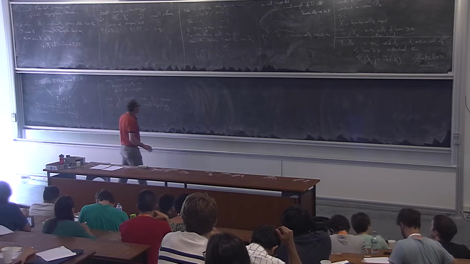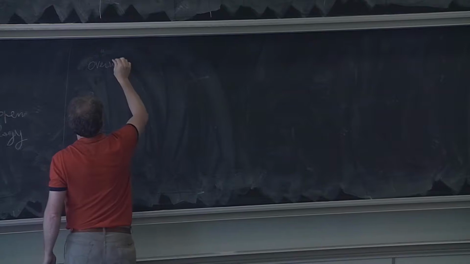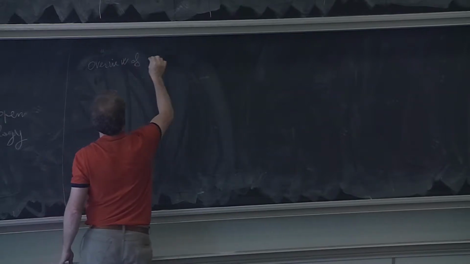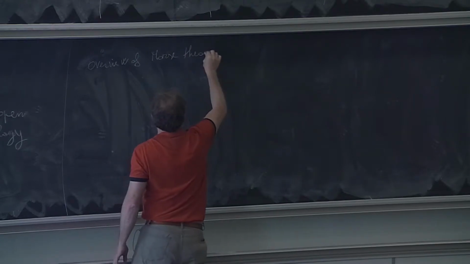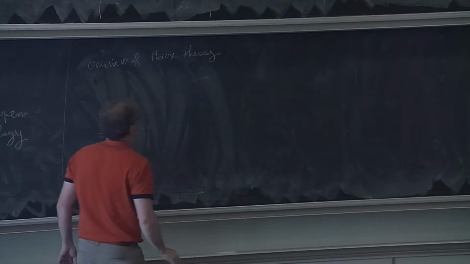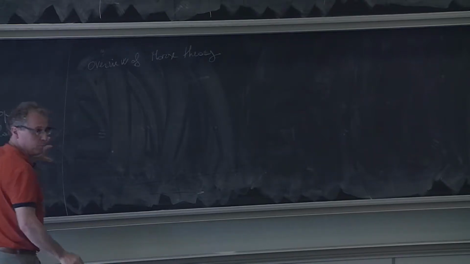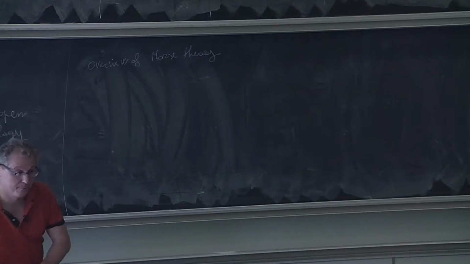So now we need a crash course, an overview of Morse theory. And in order to do this, we leave for a moment the realm of complex geometry, and we work over differential geometry.